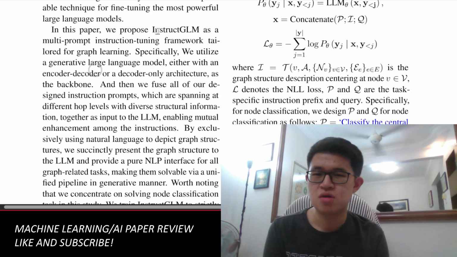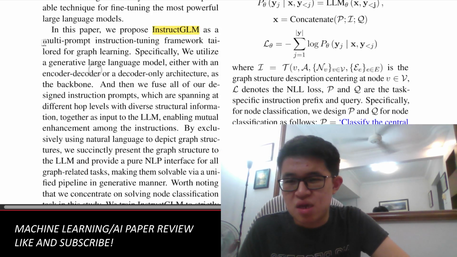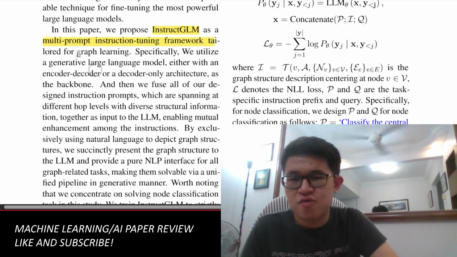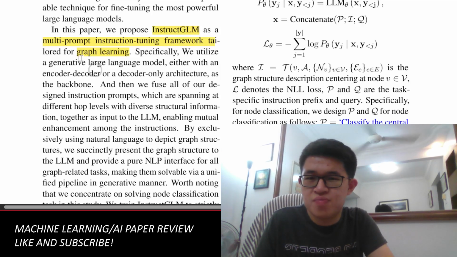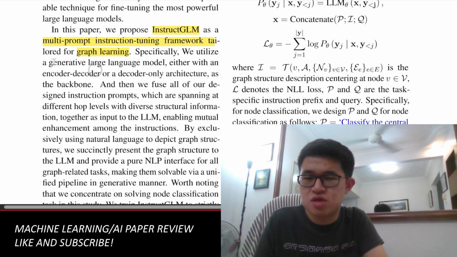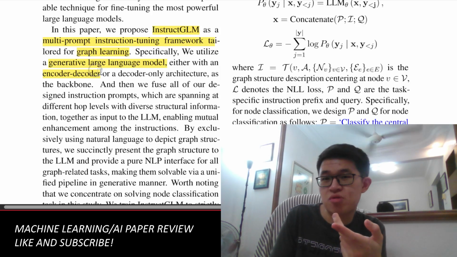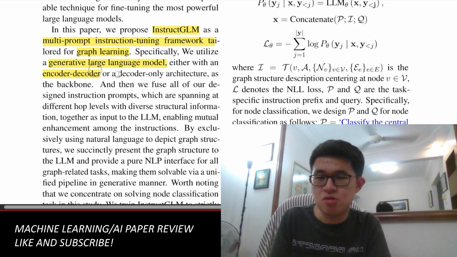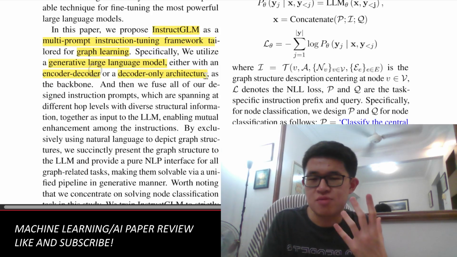Now finally we get to talk about InstructGLM, which I describe as a multi-prompt instruction tuning framework for graph learning. What it essentially does, if we go through this quickly, is use an LLM, whether it be an encoder-decoder model like the original transformer architecture, or you just use the GPT architecture, as the backbone.